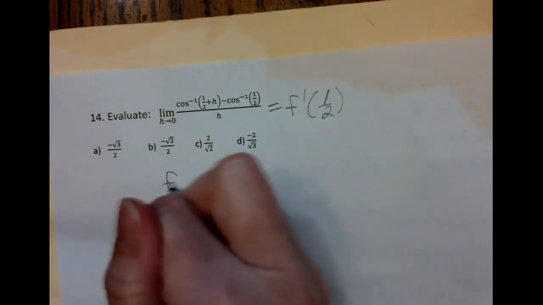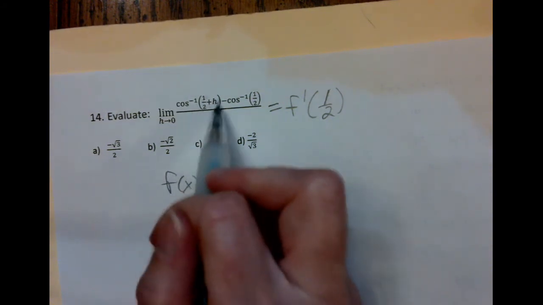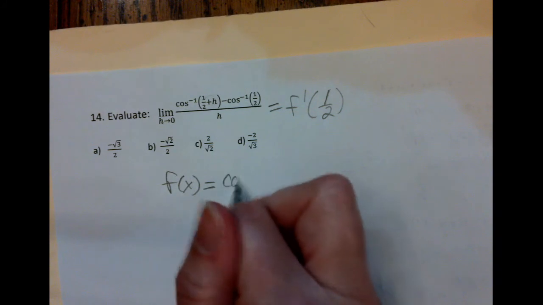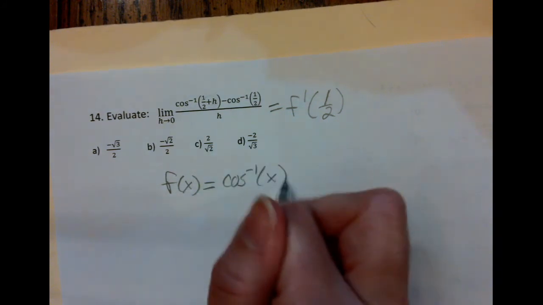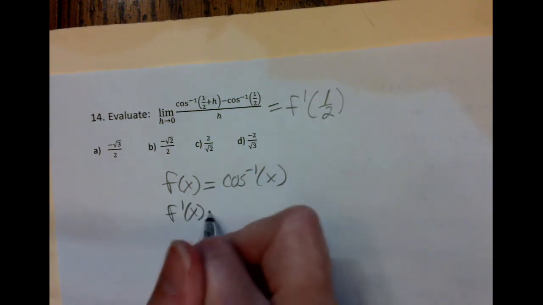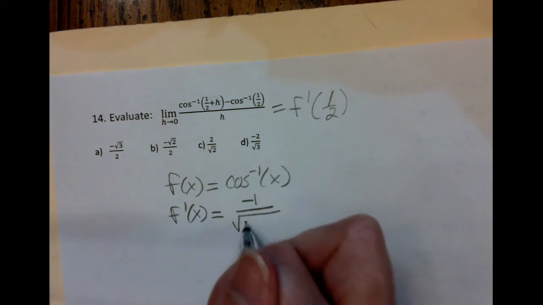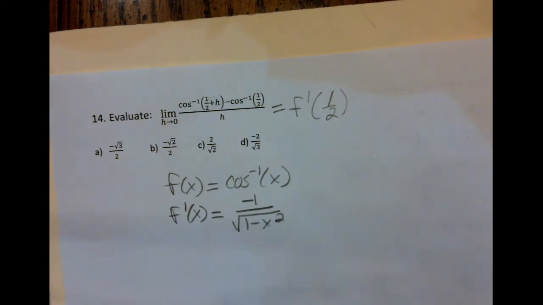To find it, I'm going to first identify the function. The function is what is attached to the a plus h. It's an inverse cosine function. The derivative of inverse cosine is -1 over the square root of 1 minus x squared.